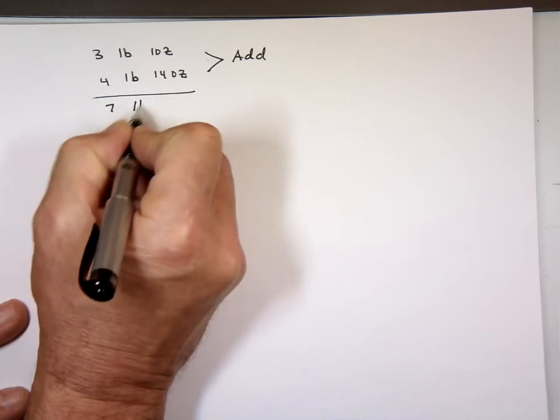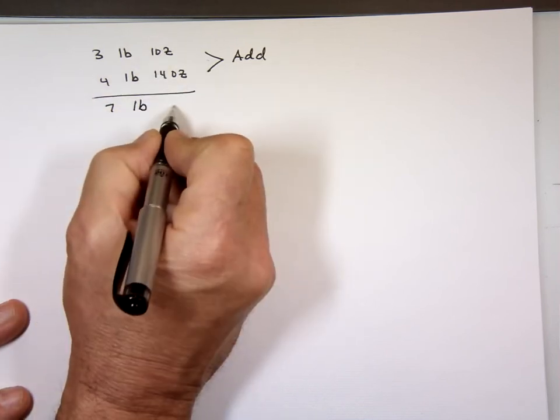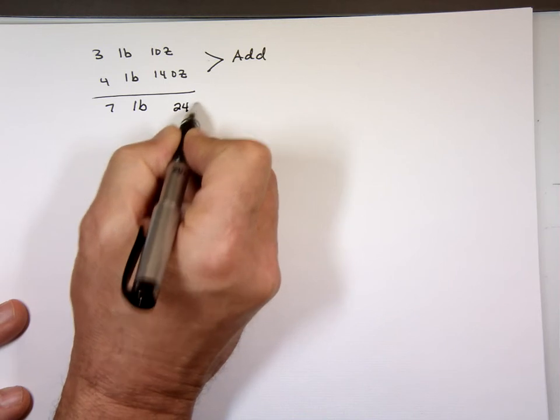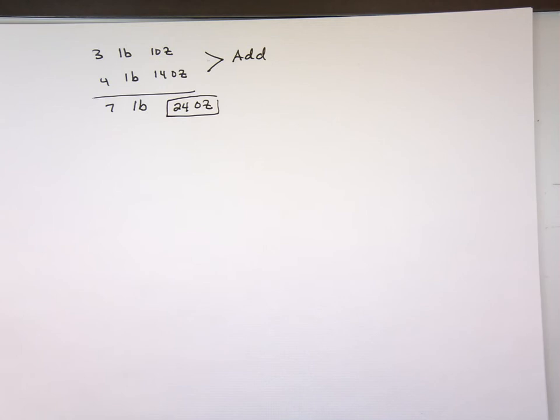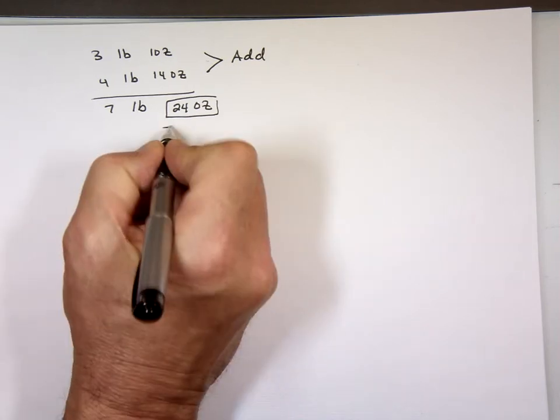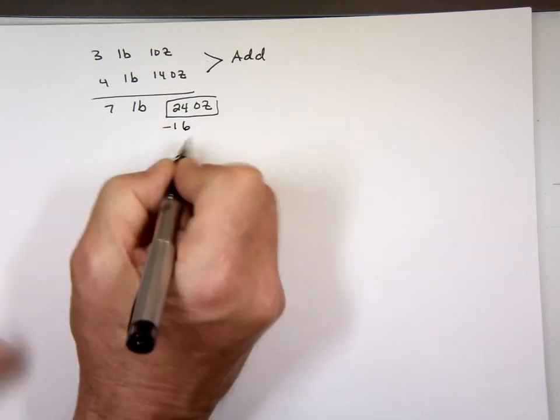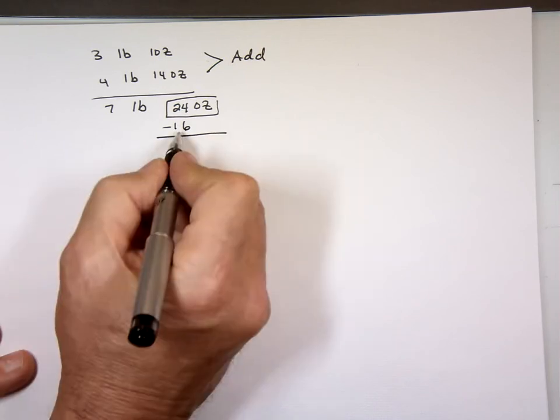And how many ounces here? 24 ounces. But wait a minute, 24 ounces, I can convert that to what? Pounds? 1 pound is how many ounces? 16. So if I subtract 16 from this, that's 1 pound. What do we have left? 6 from 4?